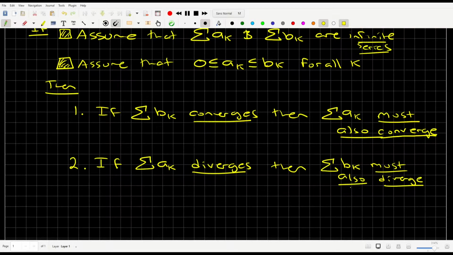And you'll remember that this statement was almost exactly the same when we were applying the direct comparison test for improper integrals. But now this is for series, for infinite series.